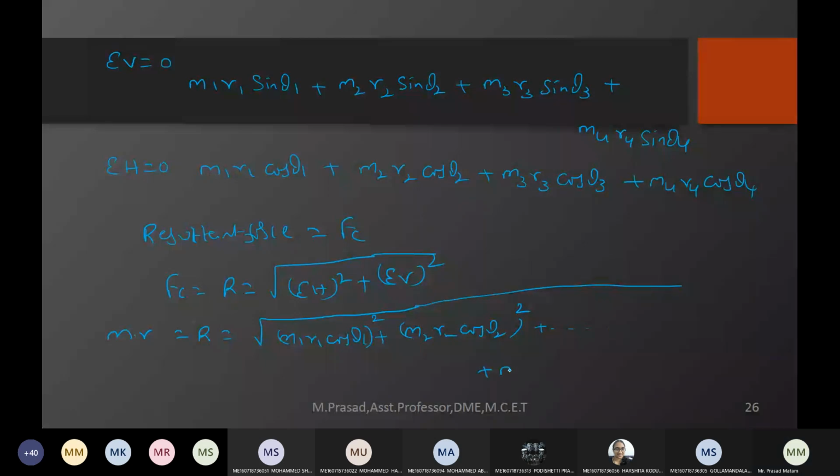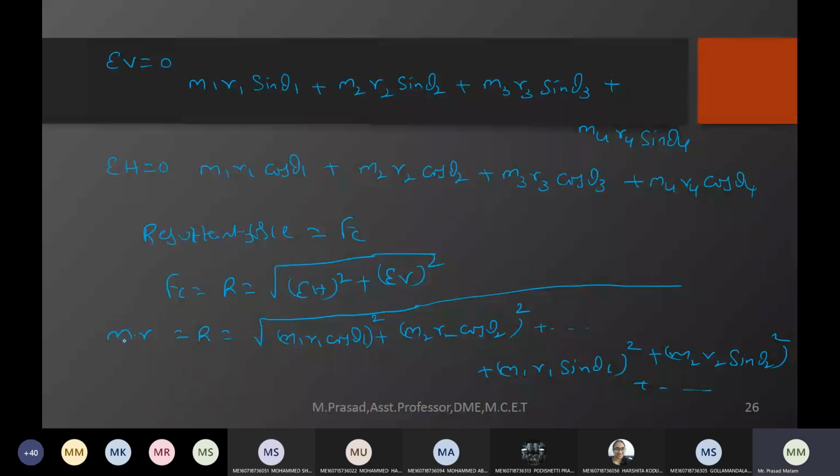Similarly, plus the vertical ones: m1 r1 sin theta 1, m2 r2 sin theta 2, squared, plus so on. On solving this equation, I get the magnitude of m and r.